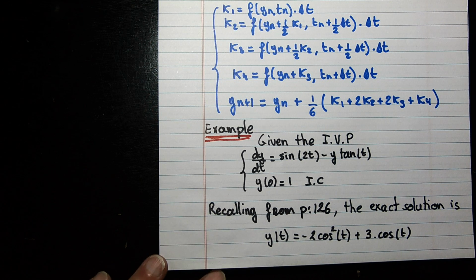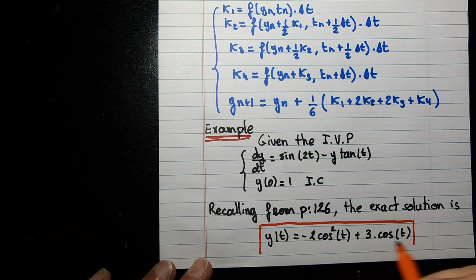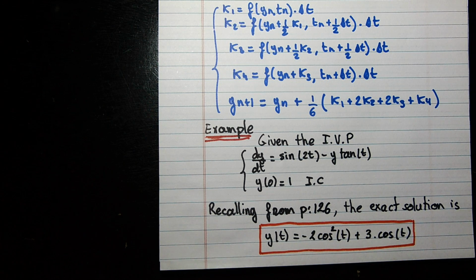The reason we want this exact solution is so that we can compare our numerical solution to the exact solution and see how accurate it is. But remember that in real life you're not going to have this luxury of knowing the exact solution. So for you to know that you are getting a good approximation, you need to see at least once the kinds of difficulties you can have when approximating the solution of an ODE by numerical methods.